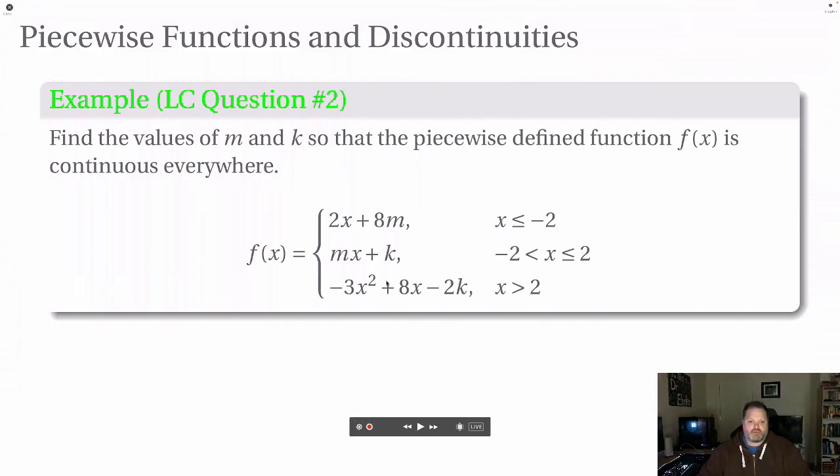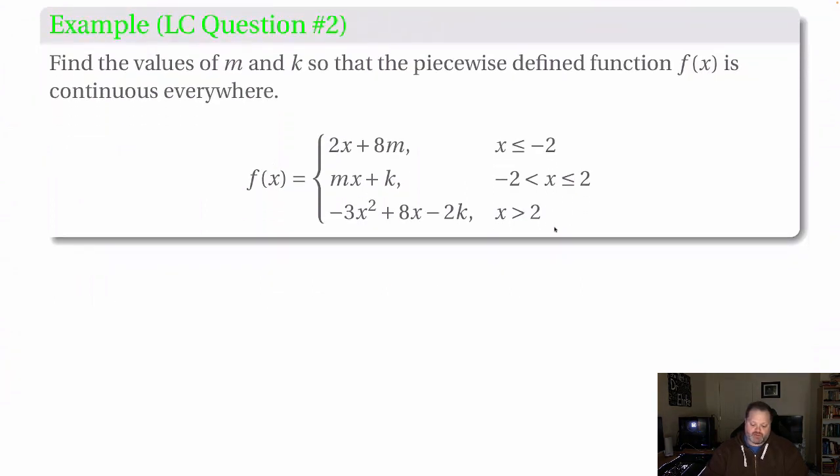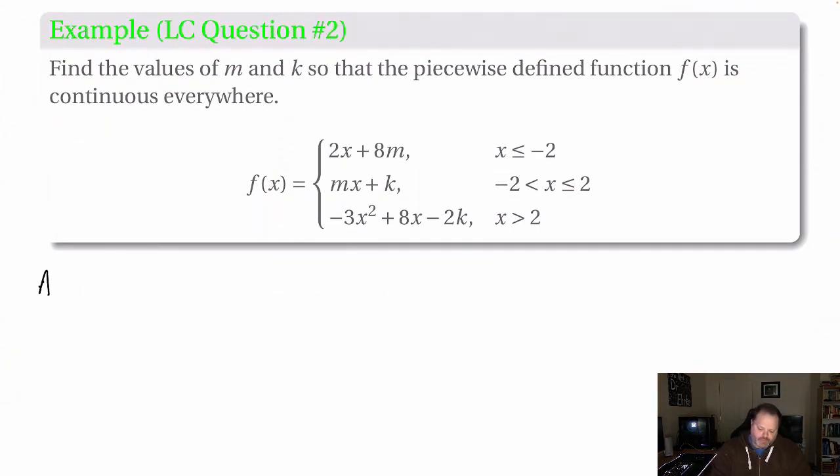So if you come back to this example, the whole point here is I need the limit from the left and the limit from the right at each of these values to match up. So let's start with negative 2. At x equal to negative 2, continuity says I need the function value as we approach negative 2 from the left to equal the function value as we approach negative 2 from the right. I'm going to introduce a new notation here just to make this a little bit more efficient.